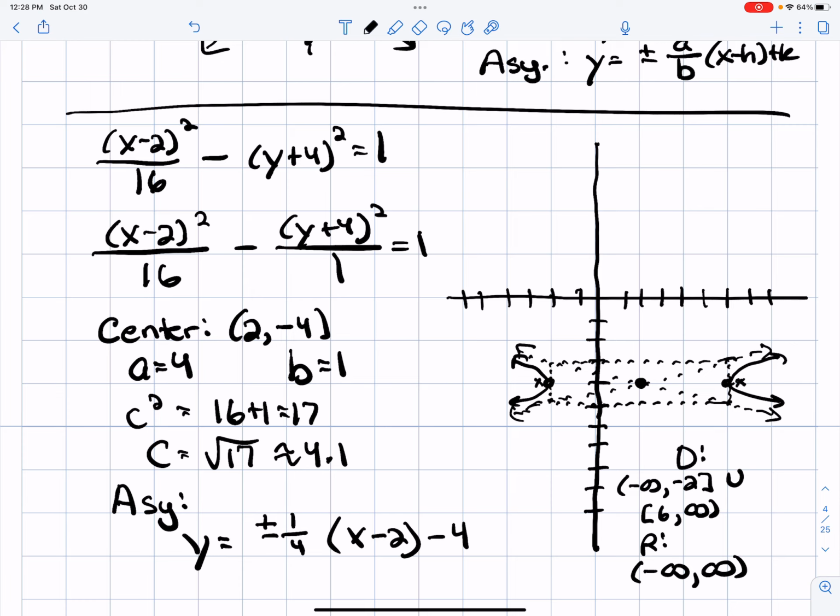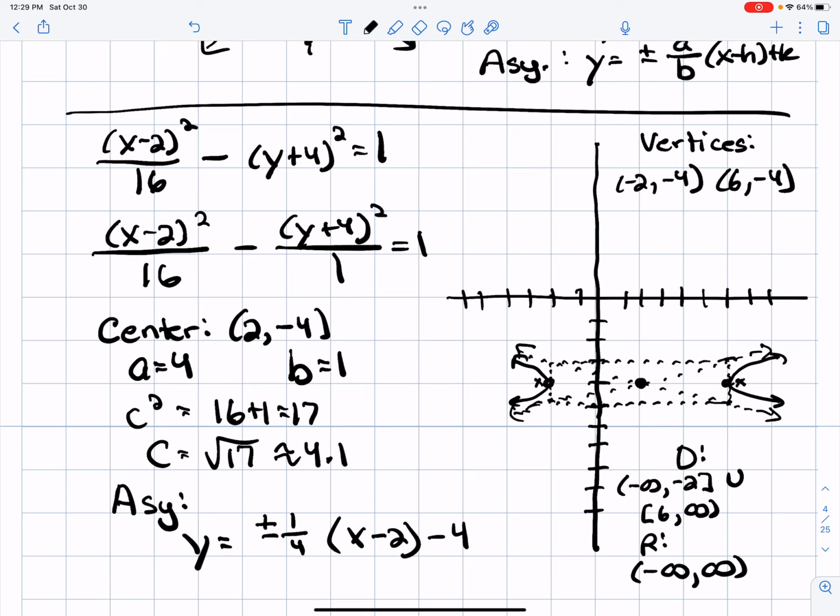Yeah, if you want the actual coordinates of things, your vertices: you end up taking 2, you add 4 to it, and you get 6, -4 for one of the vertices. And you subtract 4 from it, and you get -2, -4 for the other vertex.